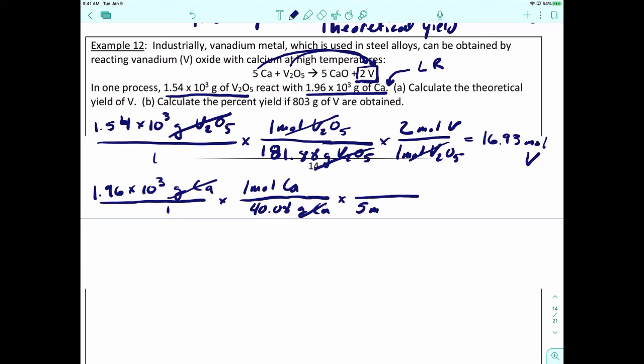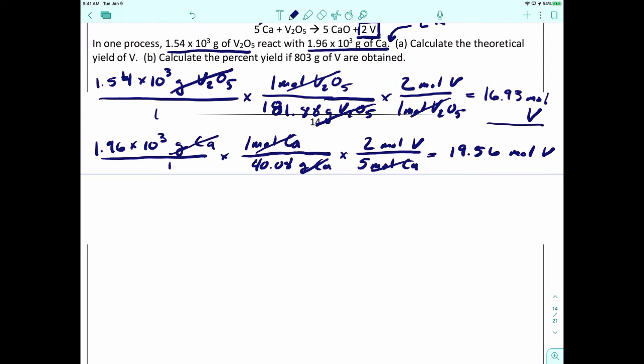So we have 5 moles of calcium under 2 moles of vanadium, so that the moles of calcium cancel out. This is going to be 1.96 times 10 to the third times 2 divided by the product of 40.08 times 5. And the number that I get is 19.56 moles of vanadium. So since V2O5 produced the least amount of vanadium, we can conclude that V2O5 is the limiting reagent.